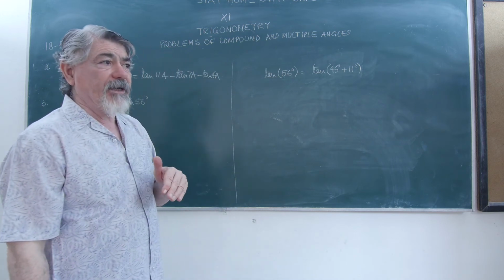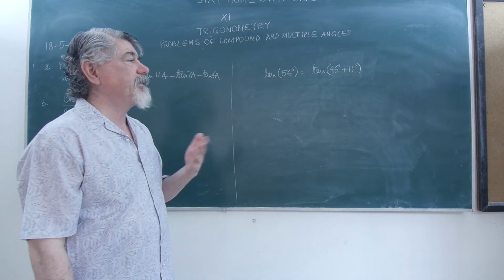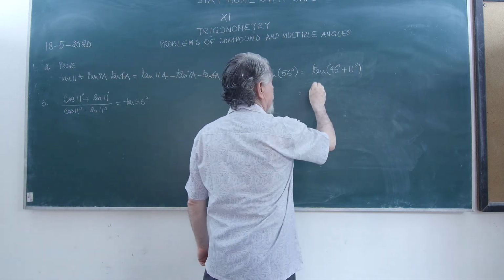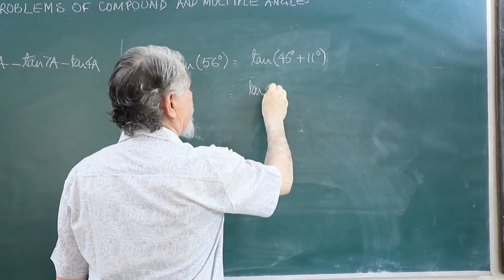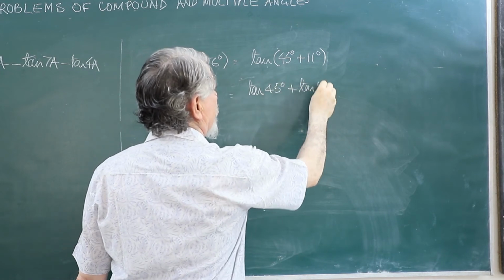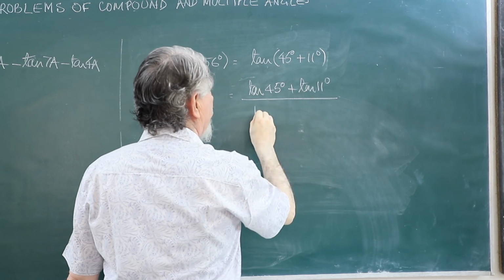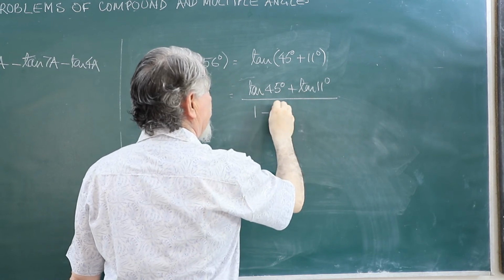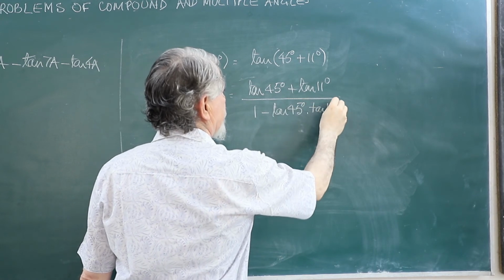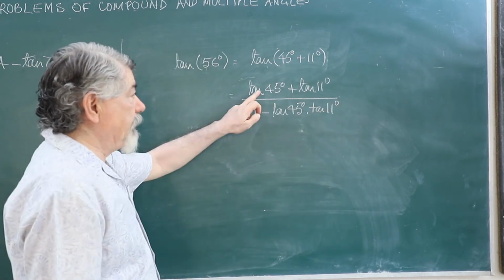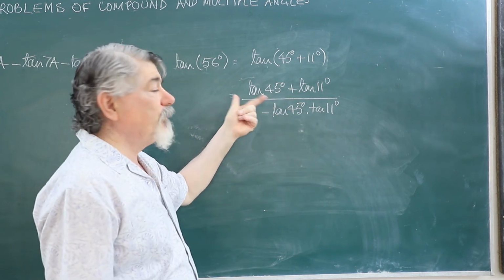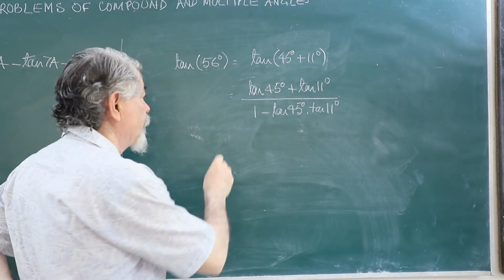Then let us apply the formula of tan of A plus B, which is tan A plus tan B upon 1 minus tan A tan B. What is the value of tan 45? tan 45 is 1.